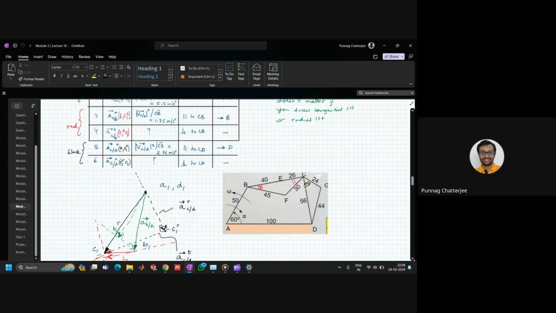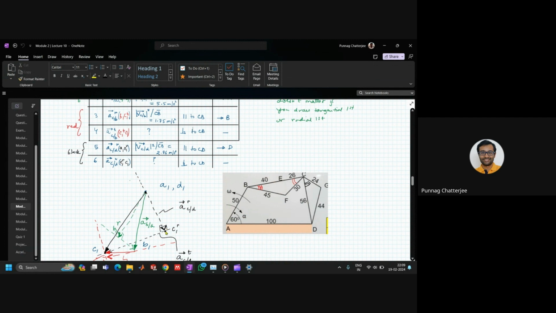It's parallel to CD and pointing towards D, which means from wherever we start this acceleration of C with respect to D, it is going to be pointing downwards. We started from here. C with respect to D is passing through D, so from here it is pointing downwards with this given magnitude and parallel to CD. We know the direction and the magnitude, so we can mark off this point.